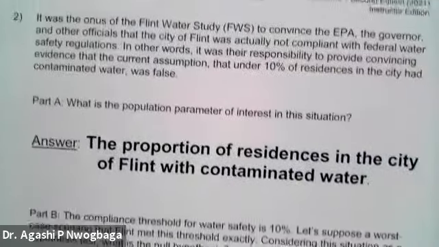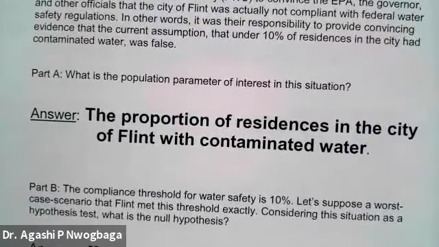B, the compliance threshold for water safety is 10%. Let's suppose a worst case scenario that Flint met this threshold exactly. Considering this situation as a hypothesis test, what is the null hypothesis? Remember, the null hypothesis has an equal sign.